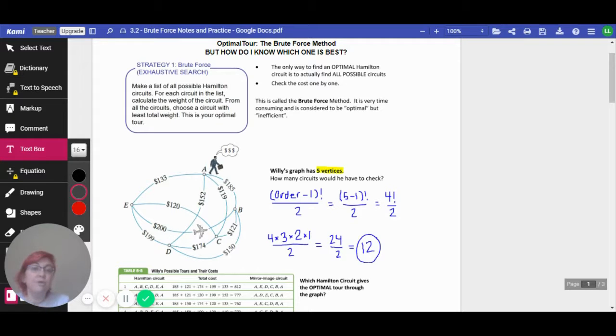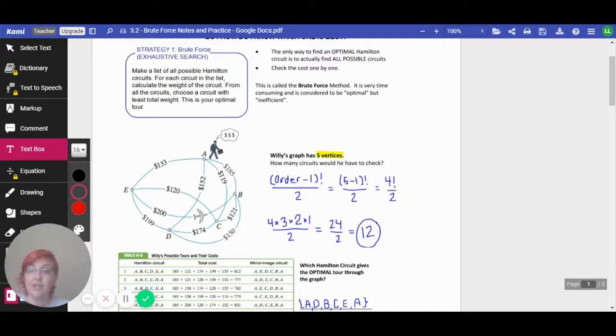However, when we do the brute force algorithm, we do not have to do calculations for mirror circuits because it's going to be the same number, the same route, just backwards. So to determine the number of unique circuits we'll have to check, we do n minus 1 factorial divided by 2. So here, if n is 5, 5 minus 1 is 4, and 4 factorial is 24. 24 divided by 2 is 12. That's 12 circuits that we would need to calculate their weight, and that's quite a bit, actually.